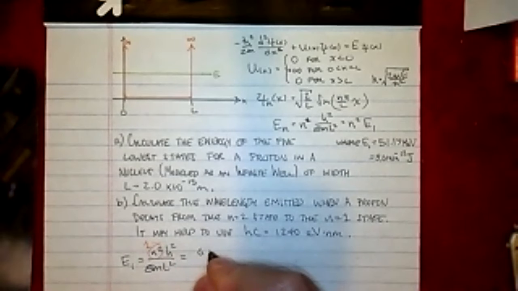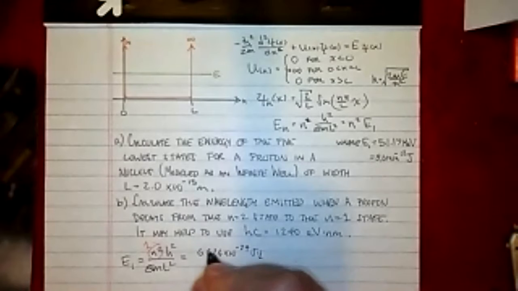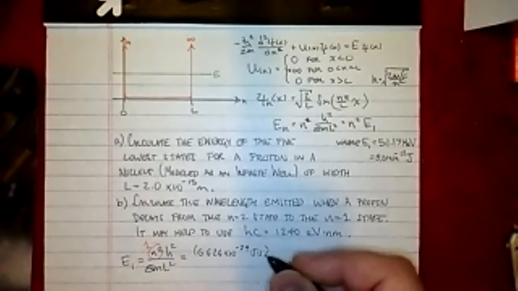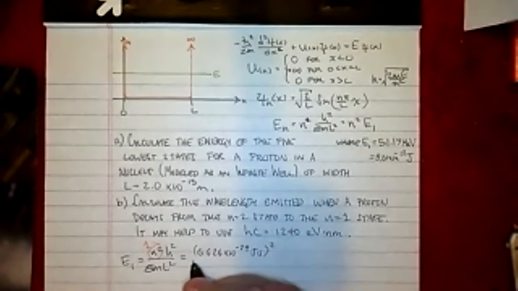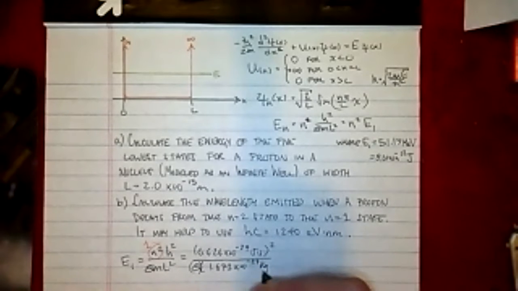So I get 6.626 times 10 to the negative 34th joule seconds, squared, over 8 times the mass of the proton, 1.673 times 10 to the negative 27th kilograms.